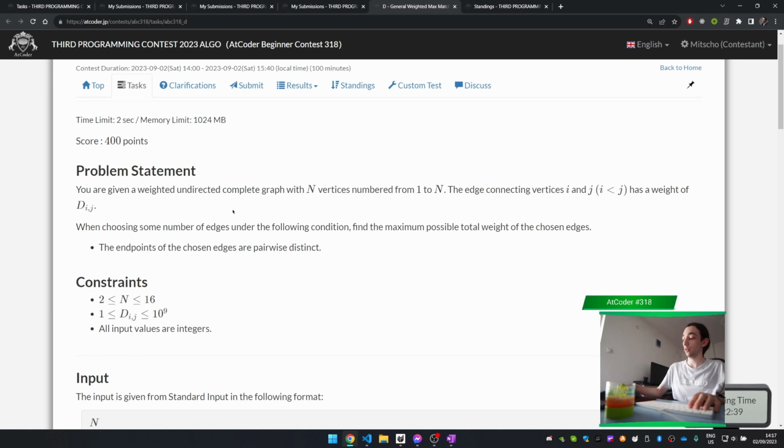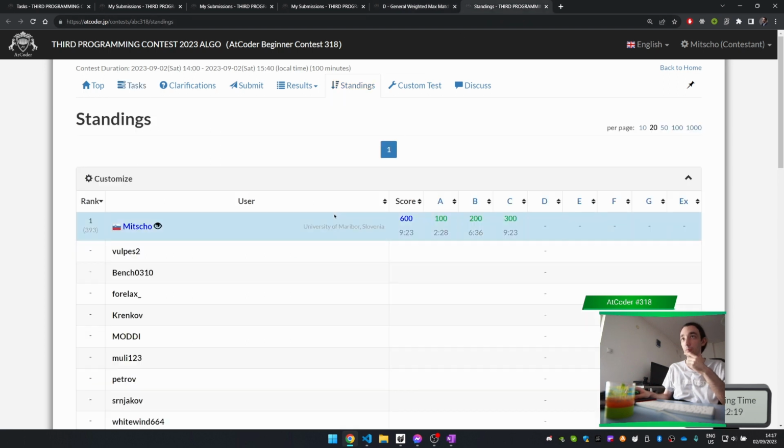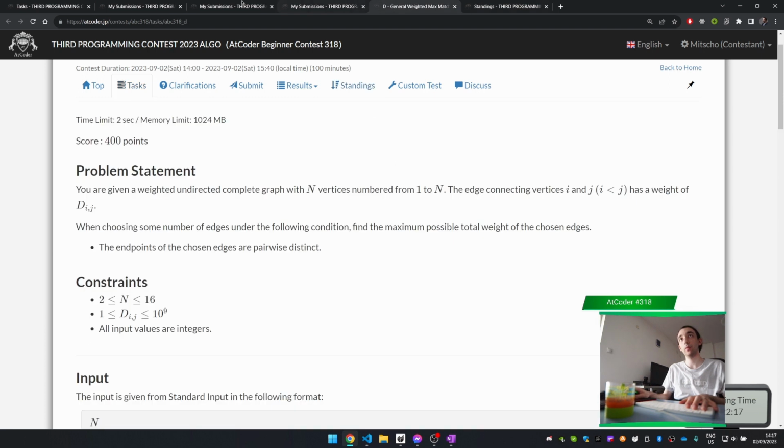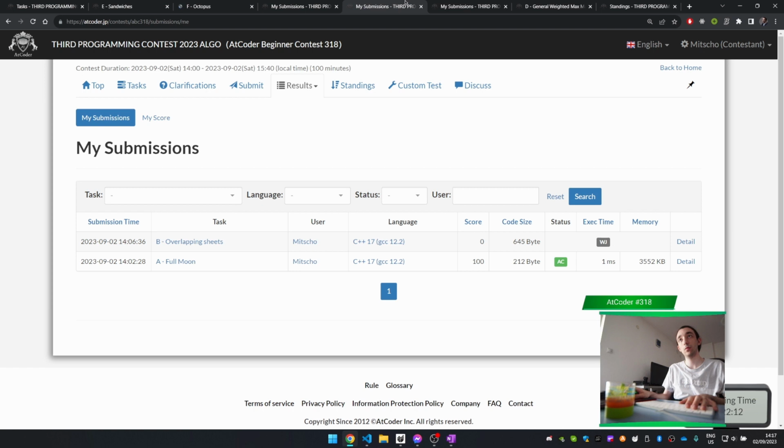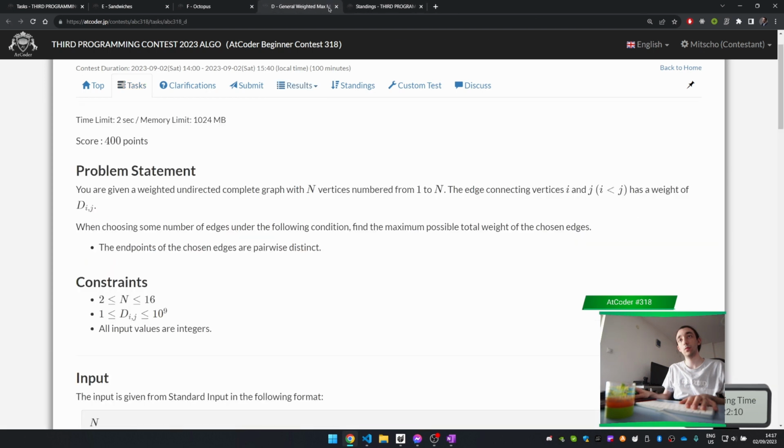We pick the... insert the edges, then we go... Backtracking? No, backtracking is too much, right? I'm not sure, actually, to be honest. Backtracking is too much. Or is it?